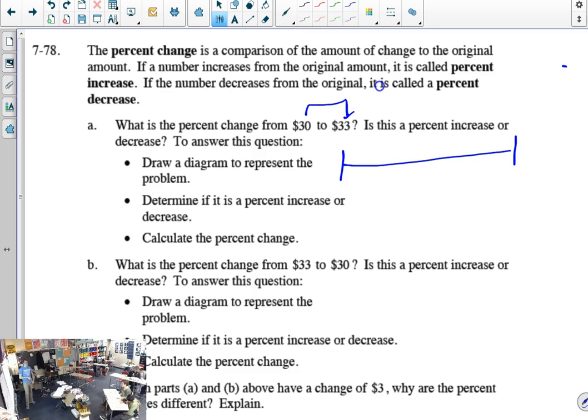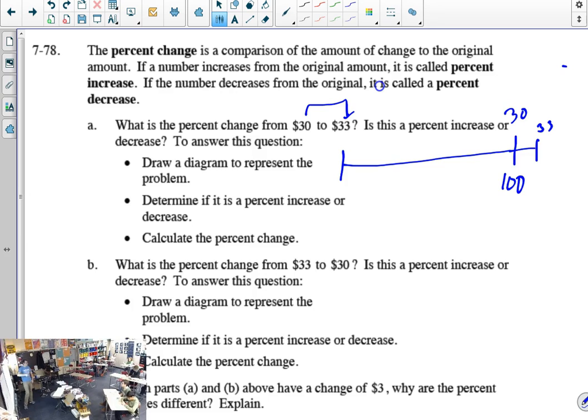So if I'm going to draw this as a model, my original was my 100%. I only increased by 3, which is not very far. So this section right in here is 3 compared to, this is what people screw up.